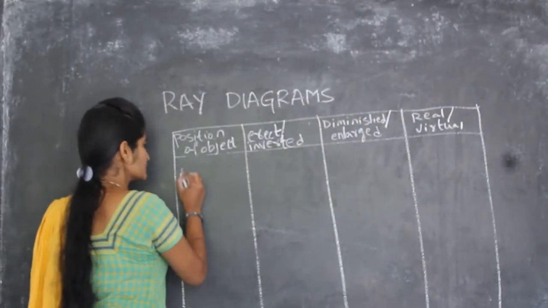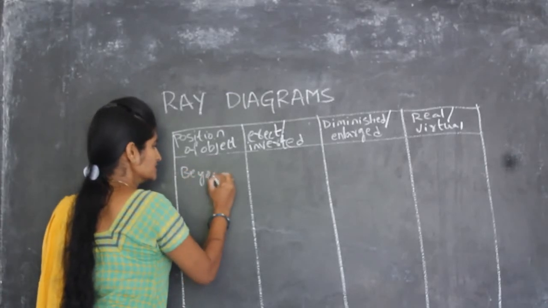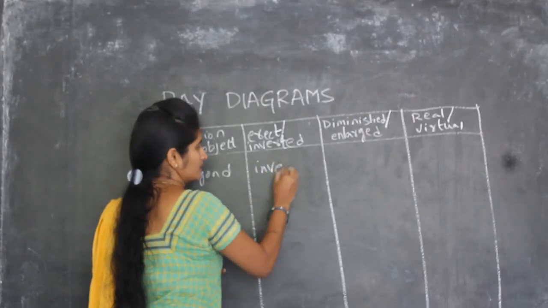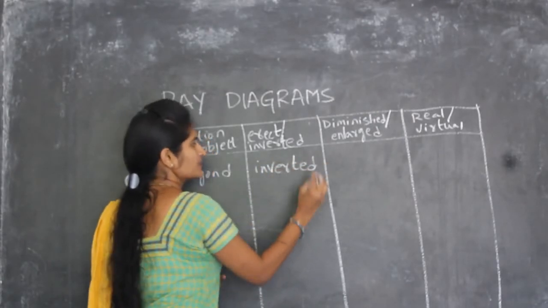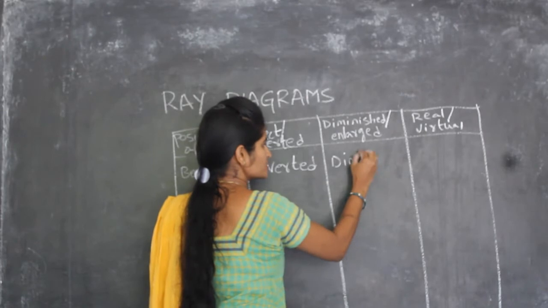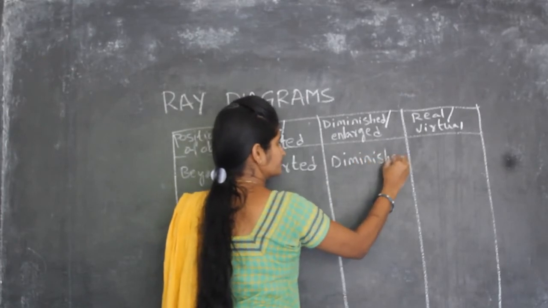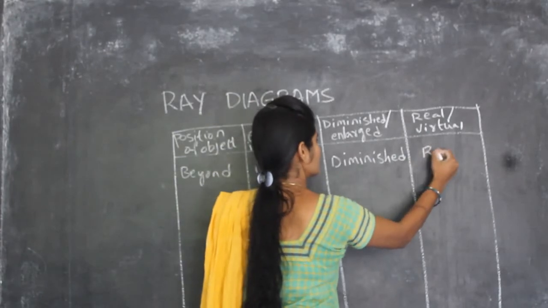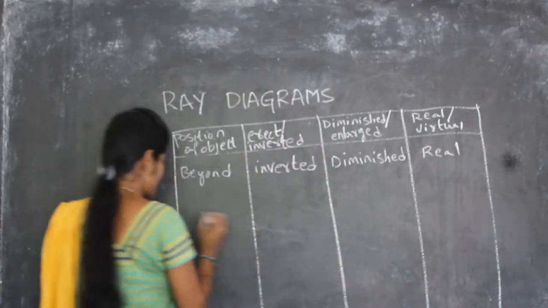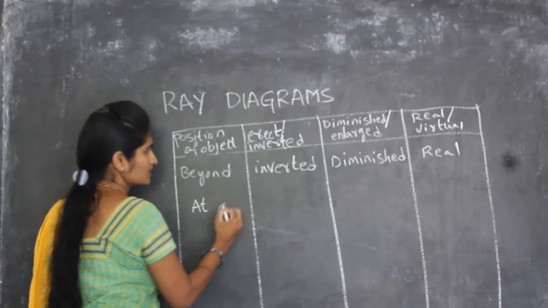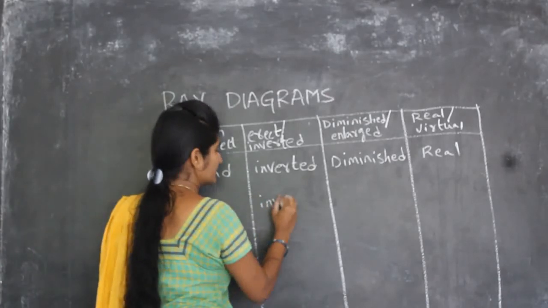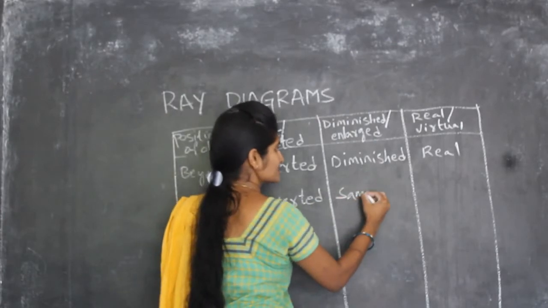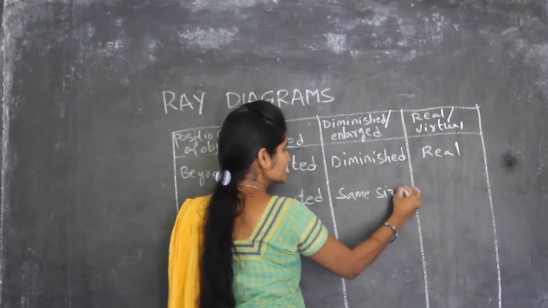So the first condition we have seen is beyond C. So beyond C, the image was what? Inverted, diminished, and a real image. Next, at C. So at C it was an inverted image, the size was the same size, neither reduced nor increased.